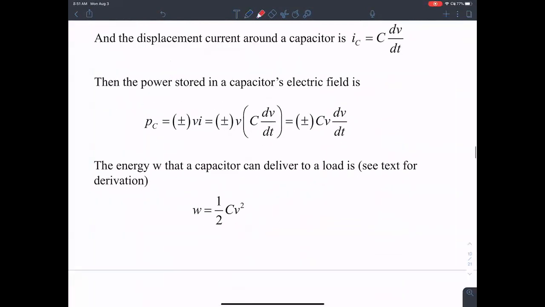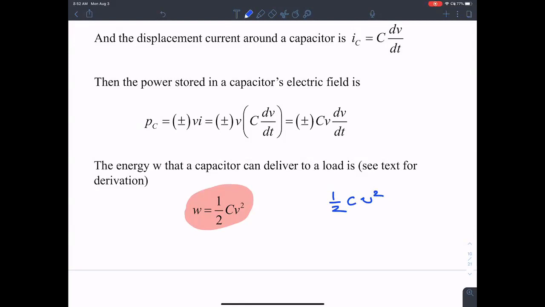Like I mentioned, this ability to store energy is not present in a resistance. A resistance cannot store any energy, right? Capacitance, on the other hand, can store energy in the form of electric field. That energy stored is given by half CV squared.